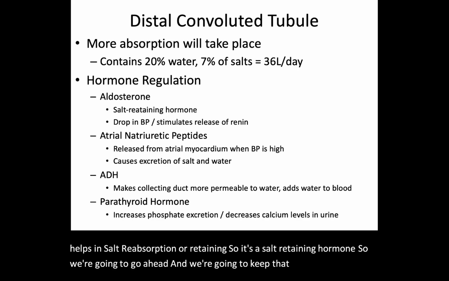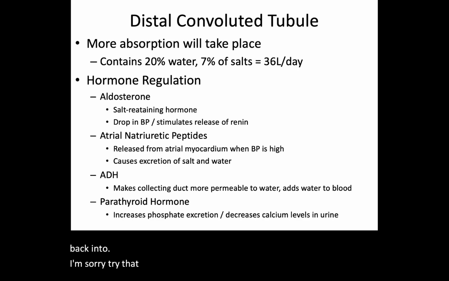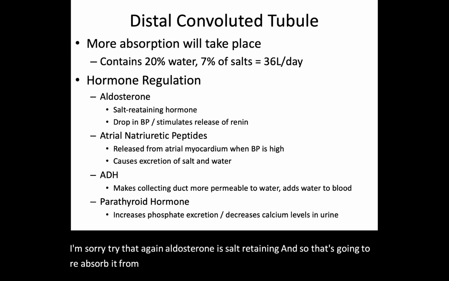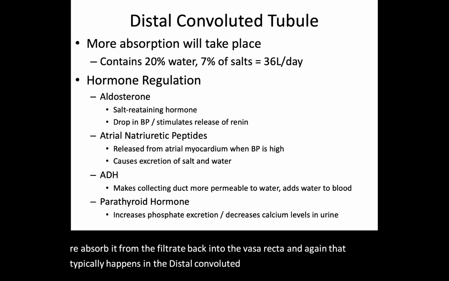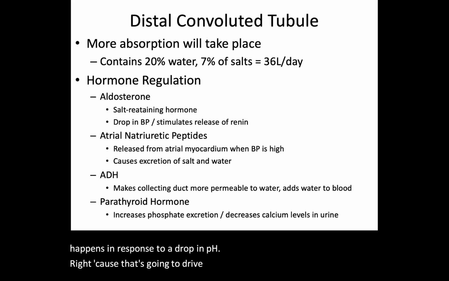Aldosterone is salt retaining, and so that's going to reabsorb it from the filtrate back into the vasa recta. And again, that typically happens in the distal convoluted tubule. And we know that that happens in response to a drop in pH, right? Because that's going to drive water reabsorption once we get into the collecting duct.